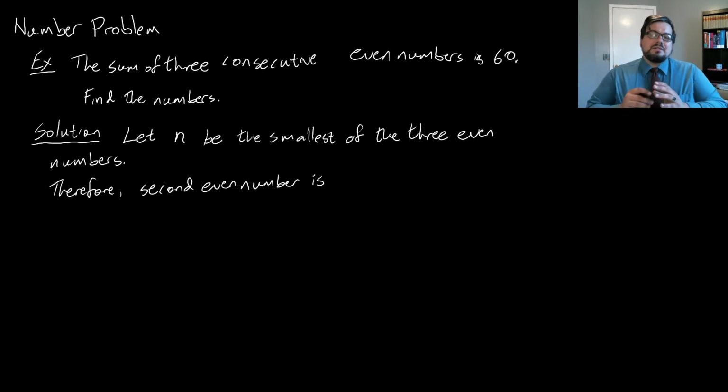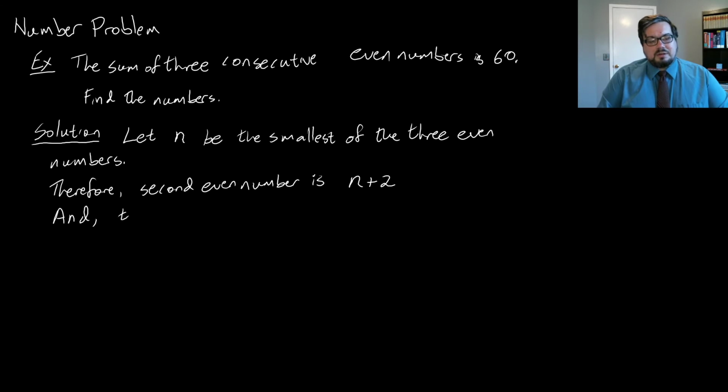Now, the difference between any 2 consecutive even numbers is 2. If I've got any even number, like 4, I get to the next even number by adding 2 to it. And I would get the next one by adding another 2 to it, and another 2. The difference between any two consecutive even numbers is 2, and therefore the second even number in this problem is n plus 2. Because n is the smallest one, n plus 2 will be the next one.